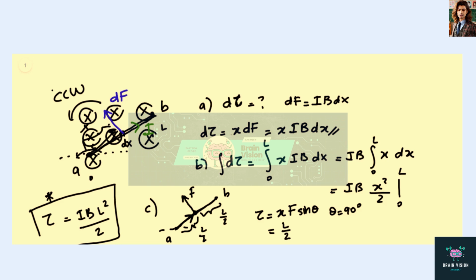Our force is ILB, from the magnetic force, and we have sine 90, which is 1. So when you look at the answer, it's consistent with the answer in part A. It's the same. I B L squared over 2 is the torque, same as part B.